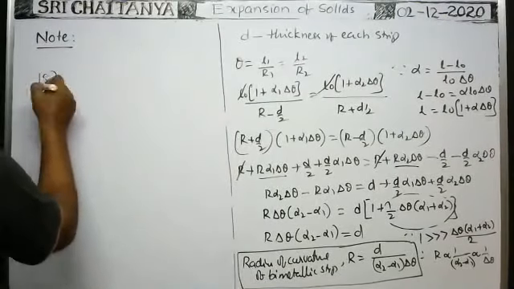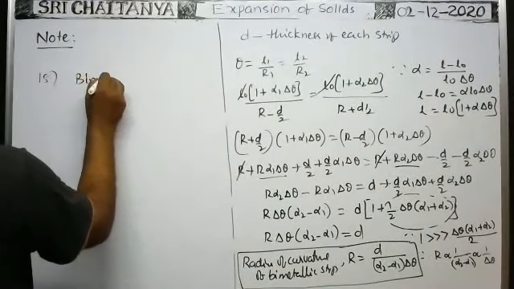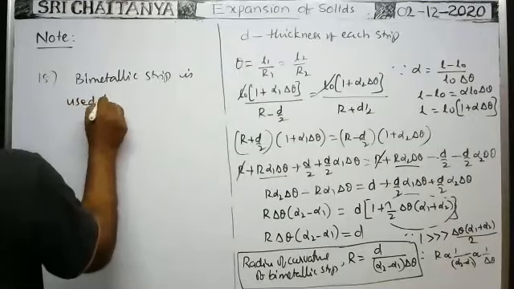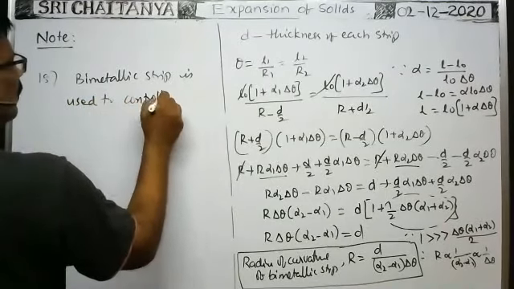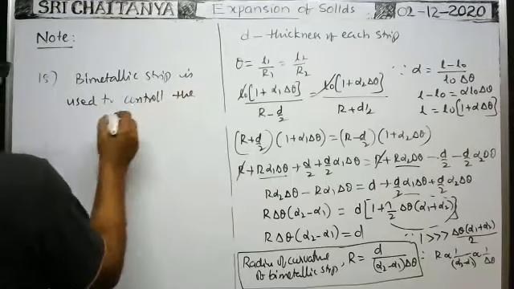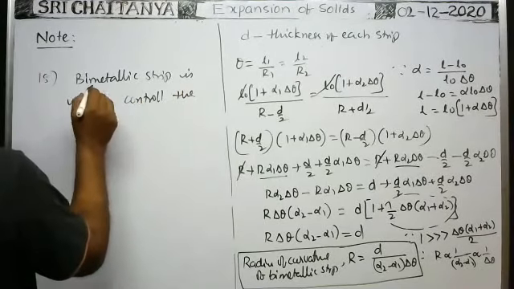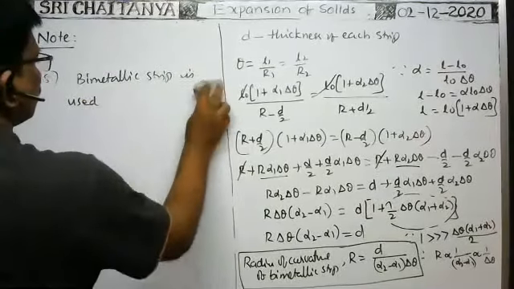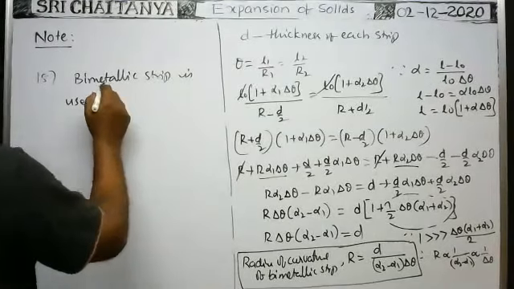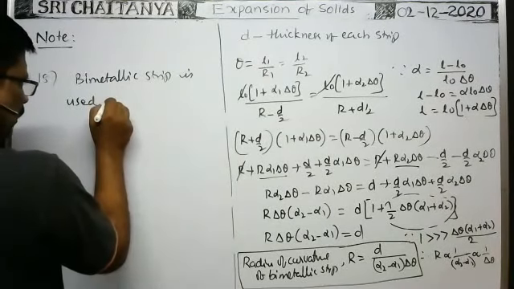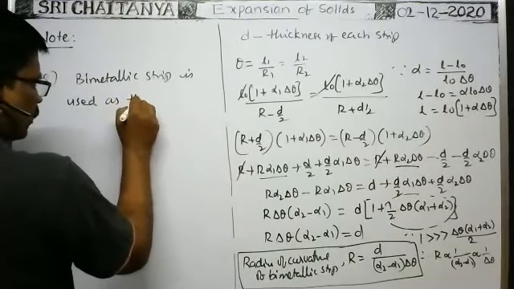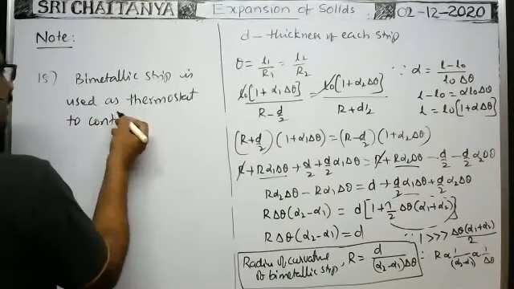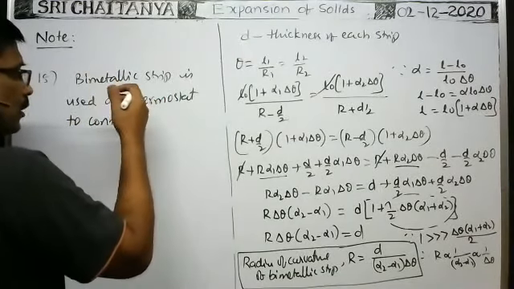So, 18th one: bimetallic strip is used as thermostat to control the temperature, in AC or refrigerator, whatever it may be, any temperature controlling devices.